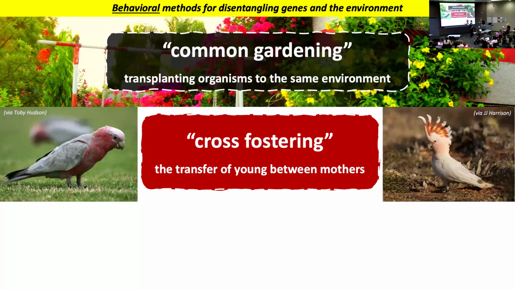One thing you have to worry about with cross-fostering is that if you do this in the wild, even though the egg of one species or ecotype is placed with a different species, if they're naturally sympatric, living in the same area, then even though the direct environment is that new nest, which should be different, they can still hear their conspecifics.